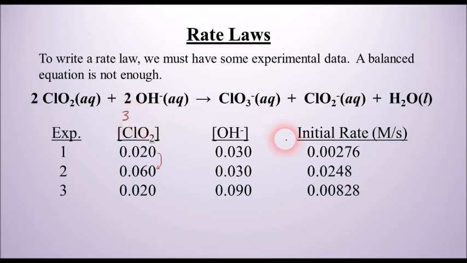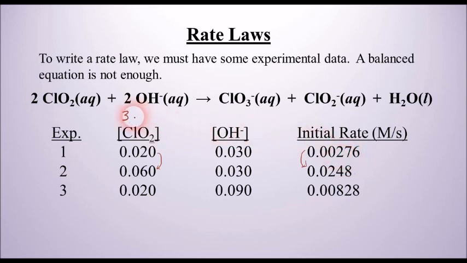of its concentration. Now, what happens to the initial rate? Well, it goes from 0.00276 to 0.0248. Now, if I divide that out on my calculator, it looks like it is going up by a factor of just about 9.